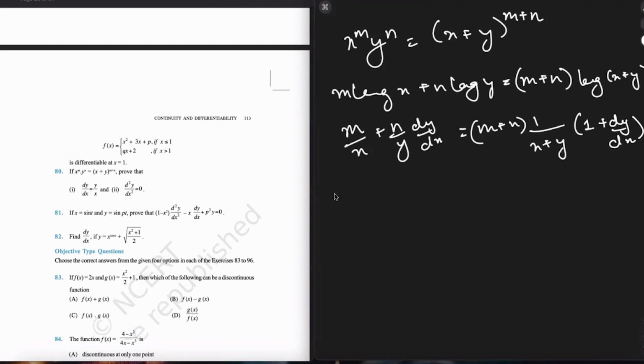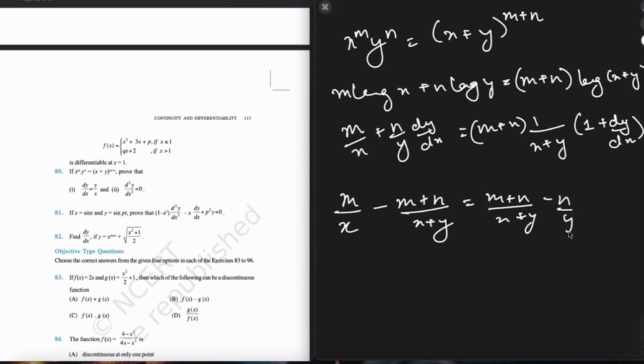Now writing it down, m upon x minus (m plus n) upon (x plus y) is equal to (m plus n) upon (x plus y) minus n upon y, dy by dx.